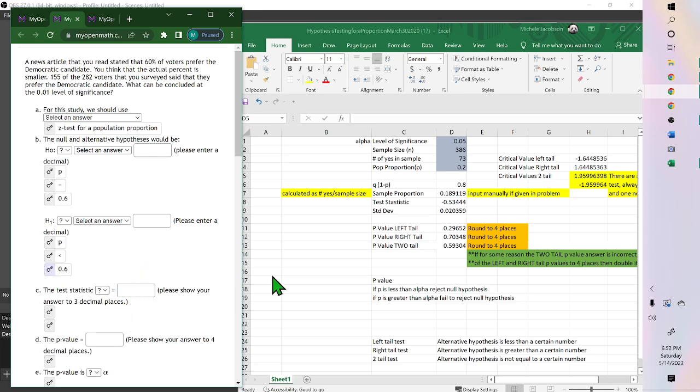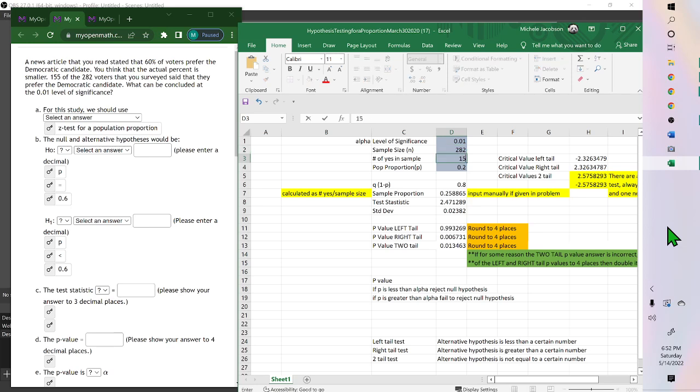To find the rest of the values, we plug them in here. Our level of significance was 0.01. Sample size 282. The number that said yes, 155. And population proportion 0.6.